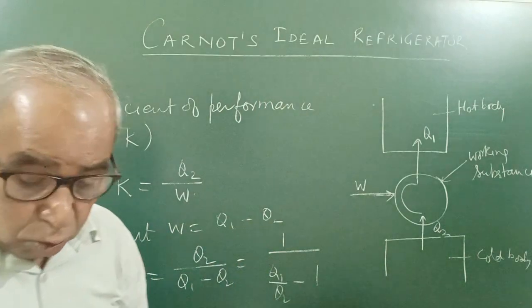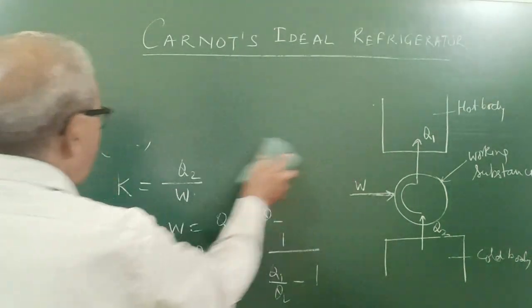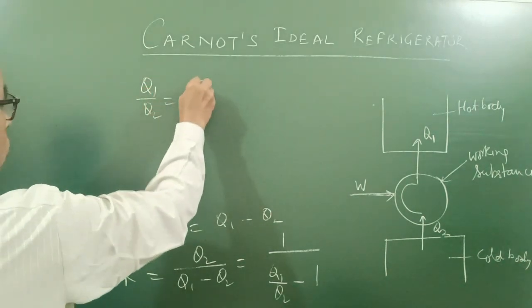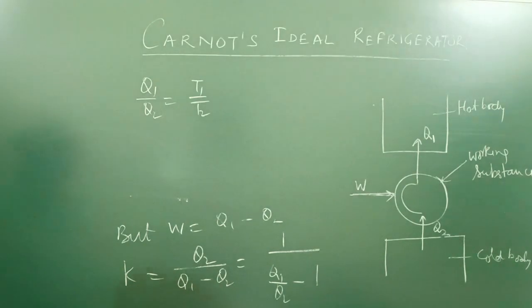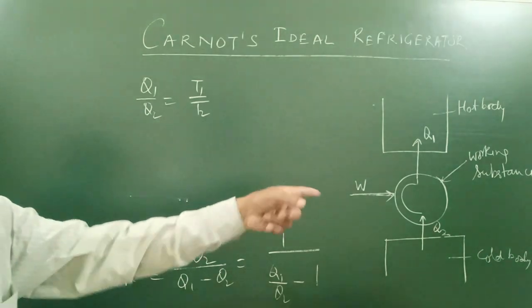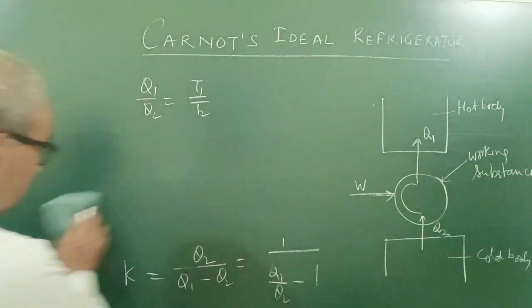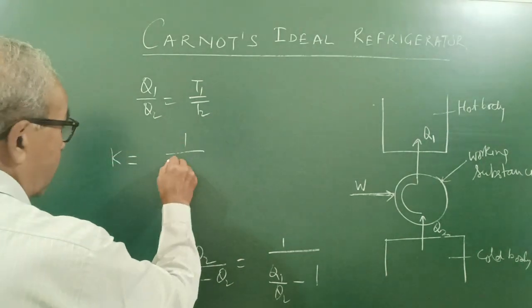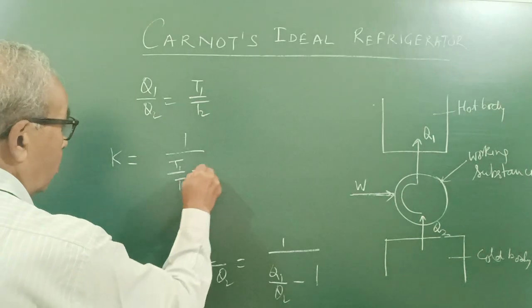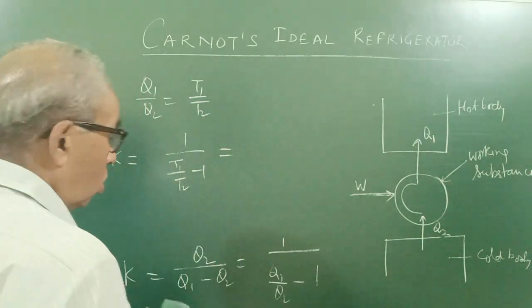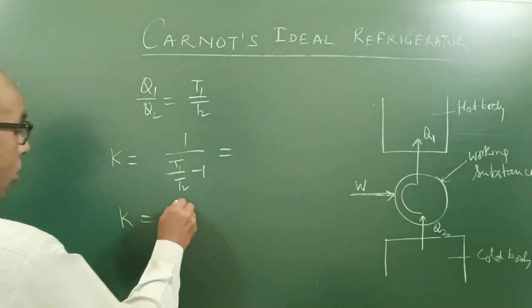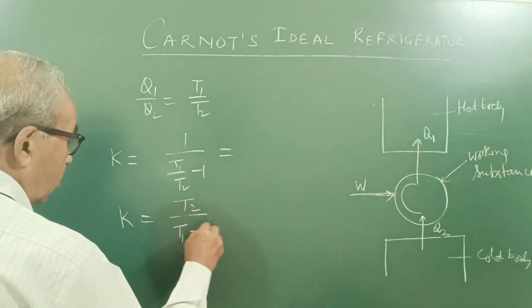For the ideal Carnot cycle, Q1 upon Q2 equals T1 upon T2, as I have proved when studying the Carnot cycle. So K is equal to 1 upon (T1 upon T2 minus 1), or K is equal to T2 upon (T1 minus T2).